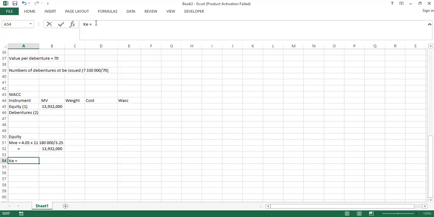The formula there is going to be your dividend, not just any dividend, but your next dividend. We refer to that as D1.